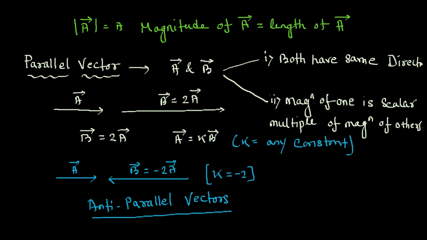If I repeat it once more, this B vector is equal to minus 2 times A vector. It means the magnitude of B is twice the magnitude of A and both have opposite direction.